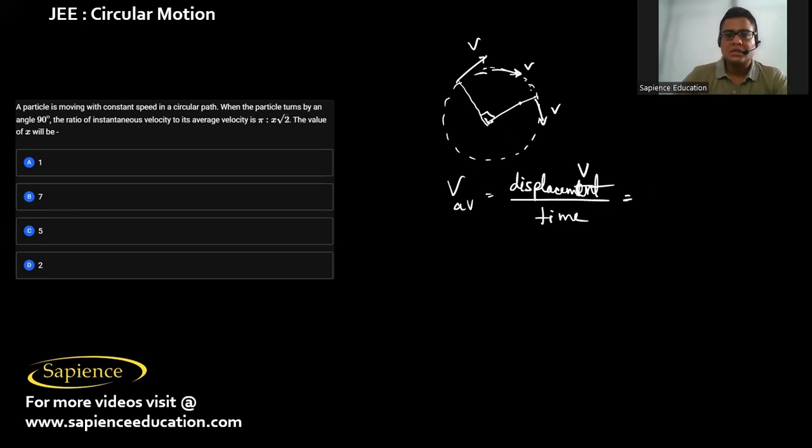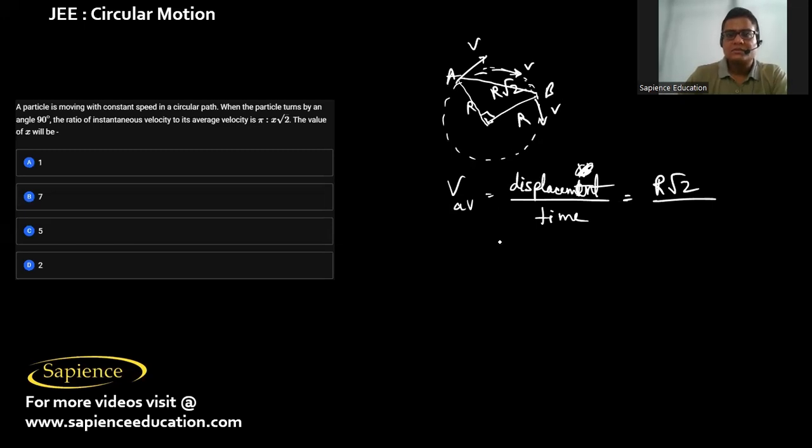So the displacement, this is r, then the displacement will be r root 2. So displacement is r root 2 divided by time. The time taken to go from this point A to the point B.